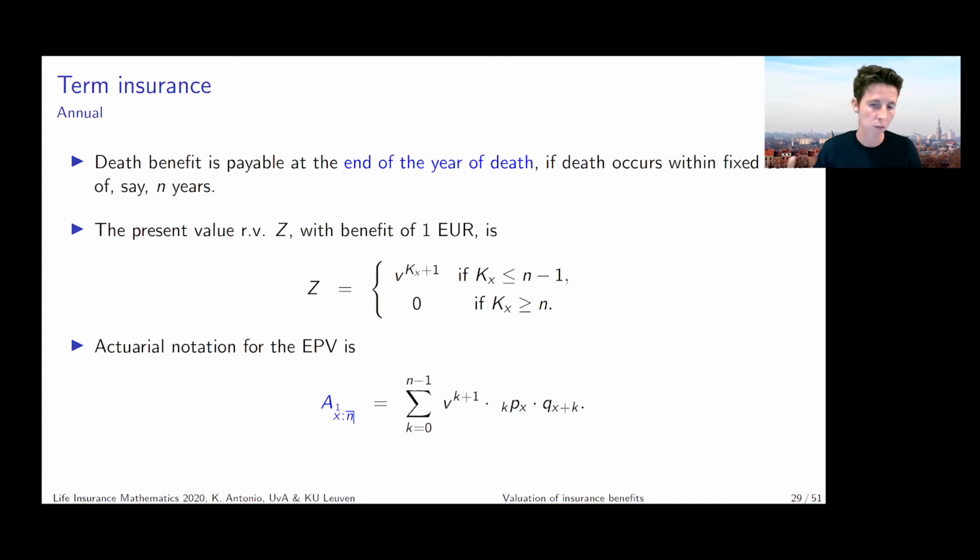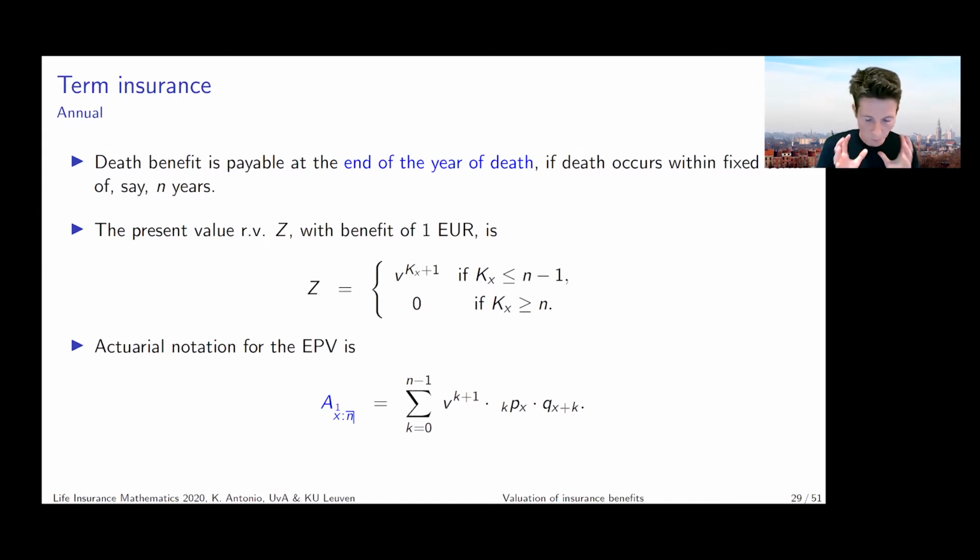So if the kx is equal to k, then we're going to pay the death benefit at time point k plus 1, so we need to discount with a factor v to the power k plus 1. The probability that that's going to happen is the probability that kx is equal to k. So that is, as we explained last week, the survival probability kpx multiplied with the mortality rate qx plus k.